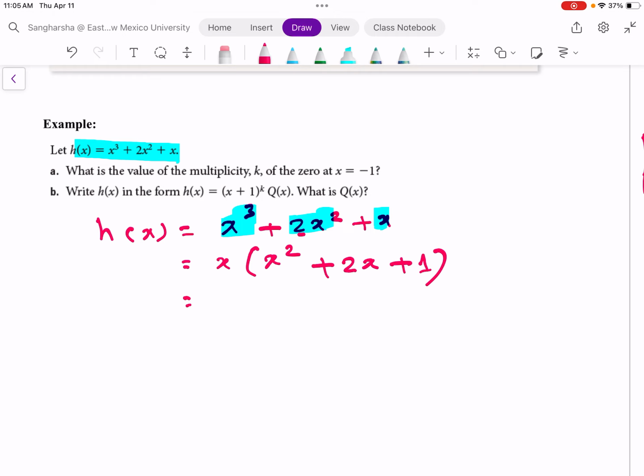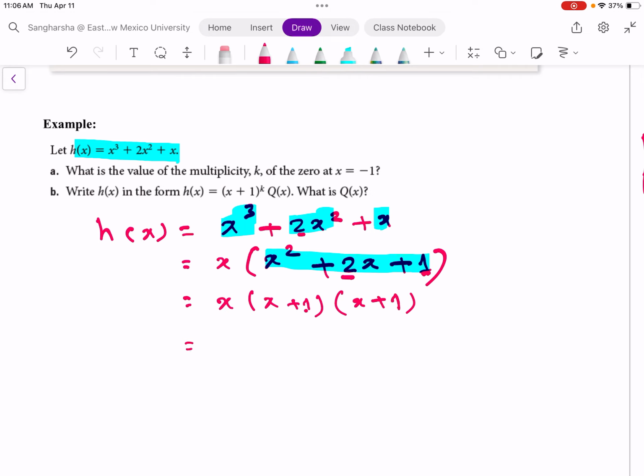This is a quadratic form, and we can always factorize a quadratic form. Let's say we use the FOIL method here. We're going to have x as a first term, right? Now can you tell me two numbers whose product is 1 and sum is 2? 1 and 1, positive 1 and positive 1.